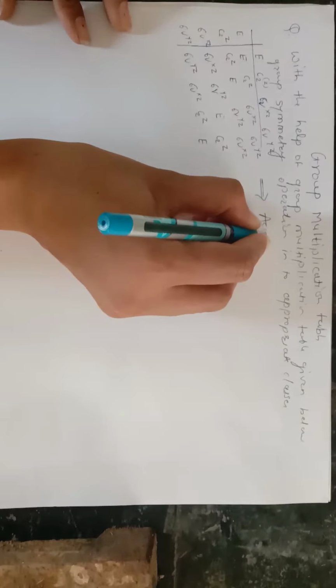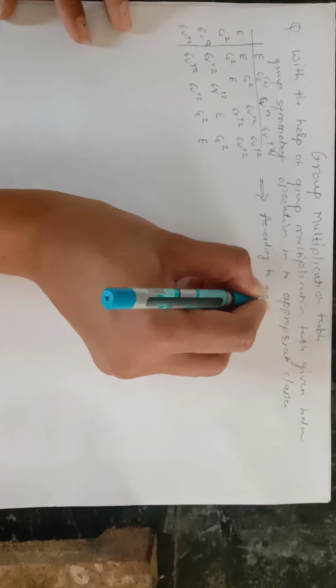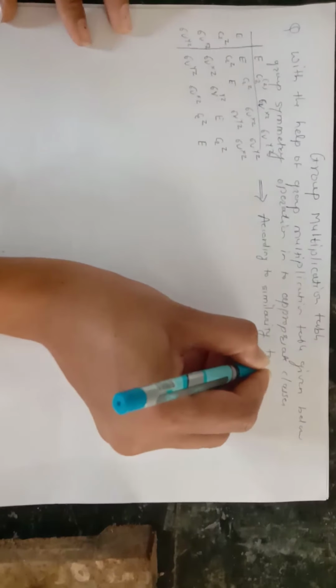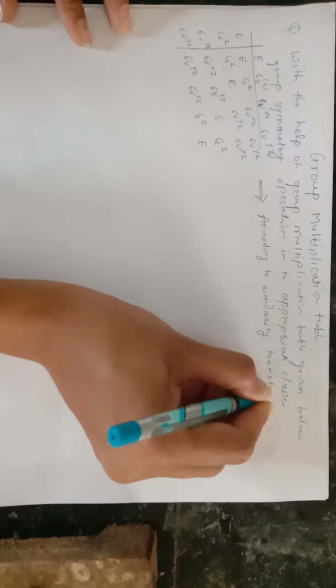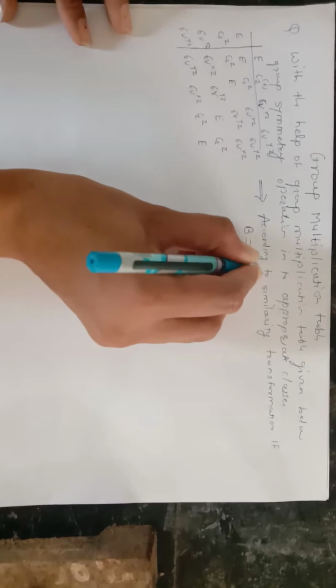According to the similarity transformation, B is equal to X inverse A X. This is the formula for similarity transformation.